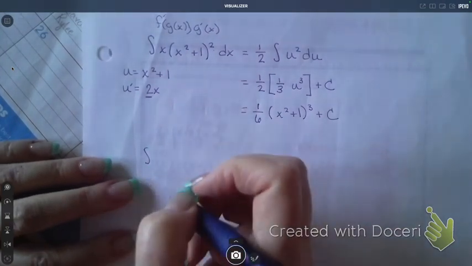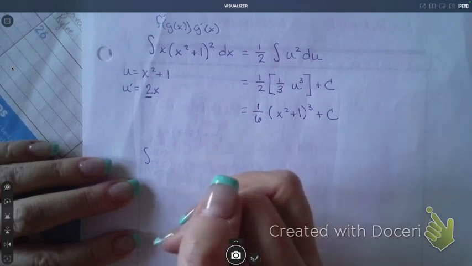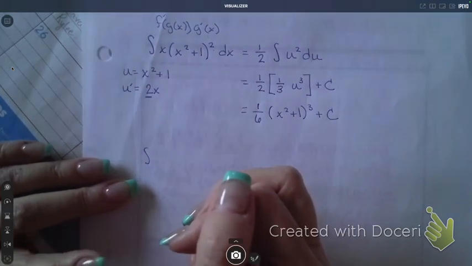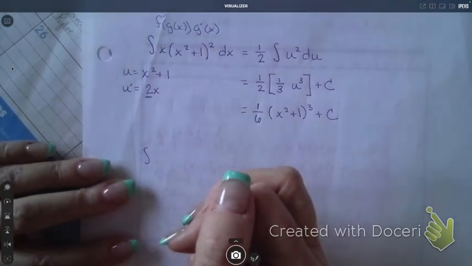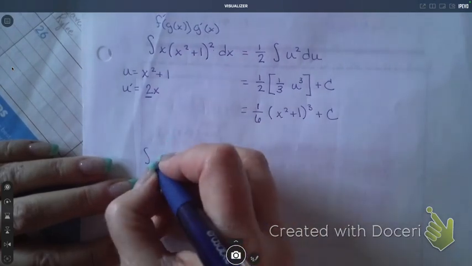Okay, the integral of, okay. This is called change of variable.